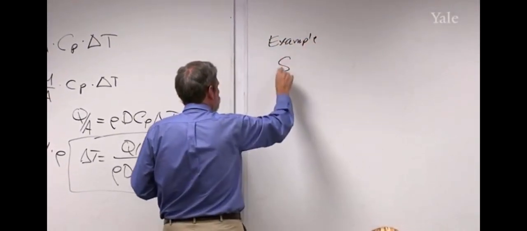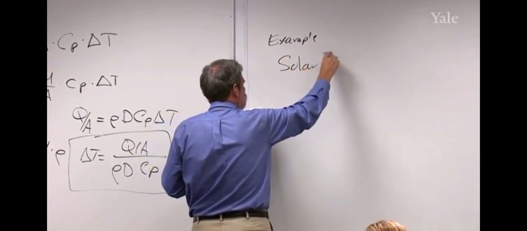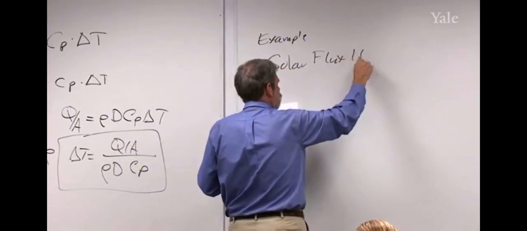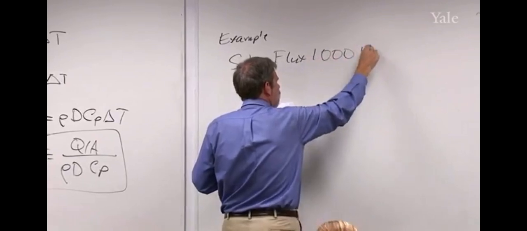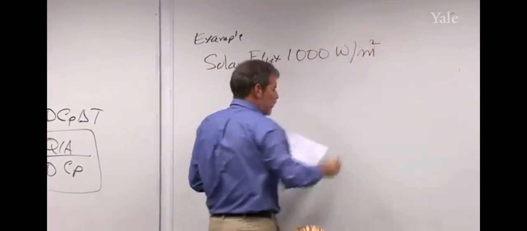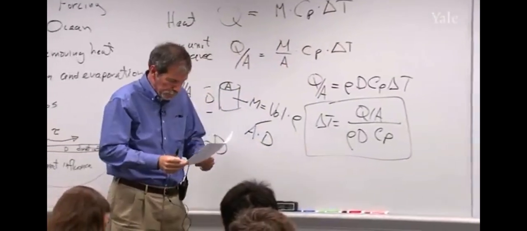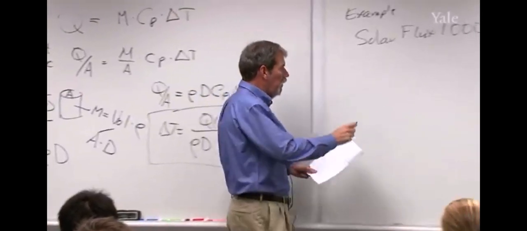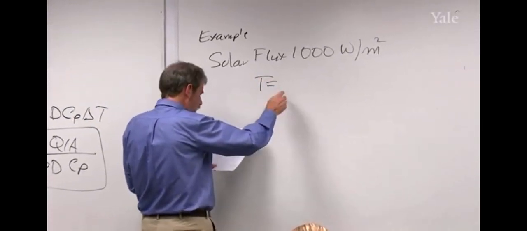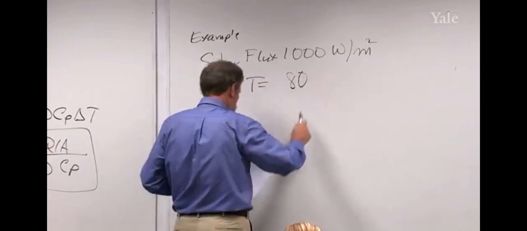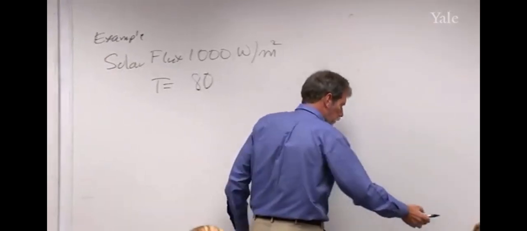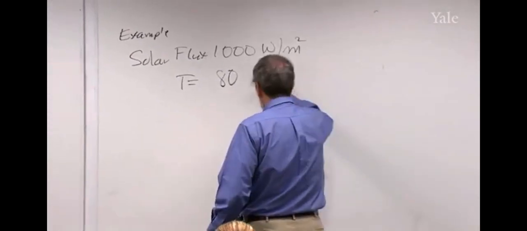I'm going to take a solar flux of 1,000 watts per square meter. Let's say we have sunlight hitting the surface of the ocean with that kind of intensity. And that persists for 1 day, which is 86,400 seconds.